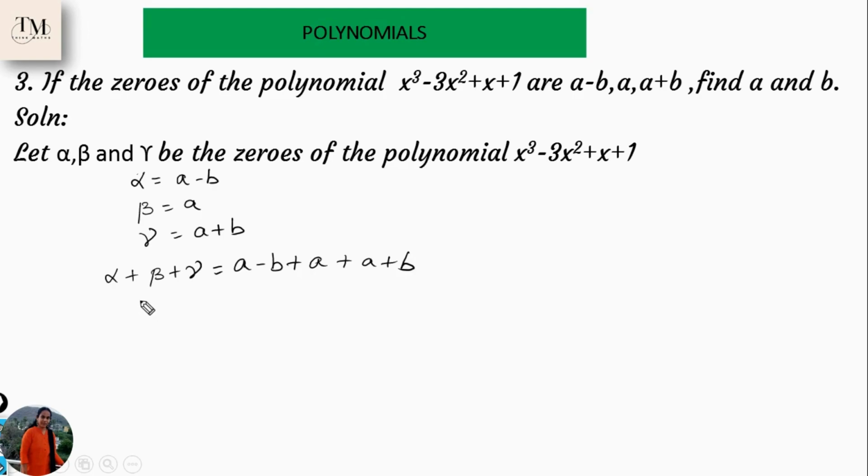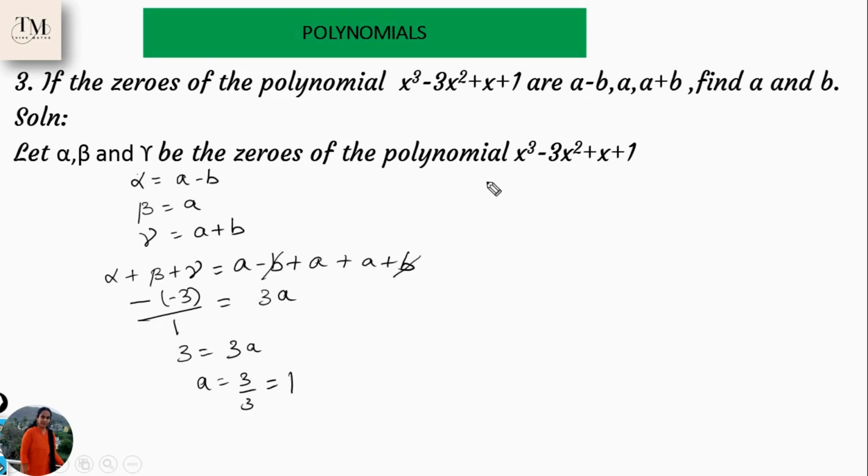It is minus the coefficient of x square divided by the coefficient of x cube, which is minus (minus 3) divided by 1. So in this equation, minus b and plus b get cancelled, which is equal to 3a. Minus of minus 3 is plus 3, which is equal to 3a. So a will be equal to 3 divided by 3, which is equal to 1.